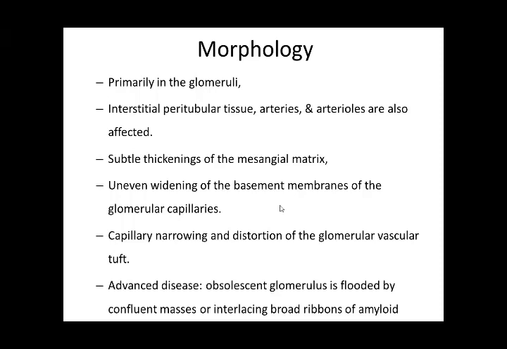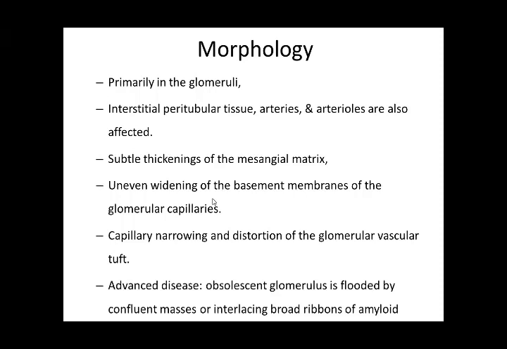You see this other feature, uneven widening of the basement membrane of the glomerular capillaries. Do you remember thin and thick areas of the basement membrane in any other disease? It was Alport syndrome, right? But there were no immunological deposits in Alport, were there? And it was a basket weave-like membrane.